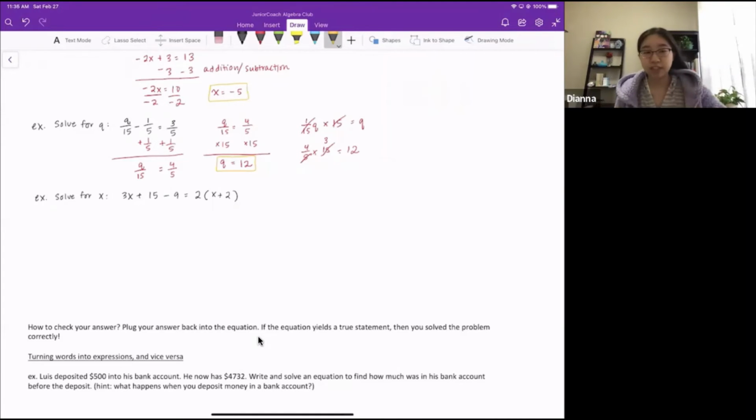The distributive property is insanely important. Out of all the properties that I learned in Algebra 1, like commutative, associative, whatever, the only one I really found important was the distributive one because you use it all the time. So do know how to use it, love it, cherish it. It will make your life 10 times easier.